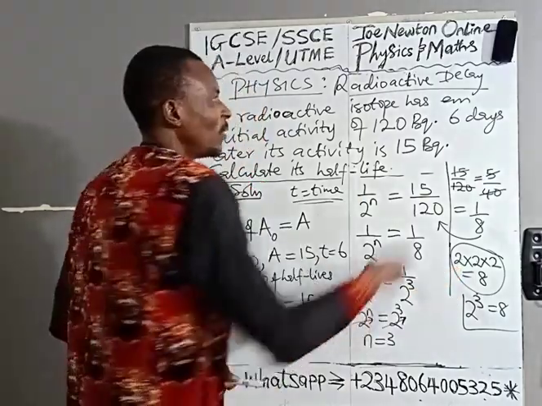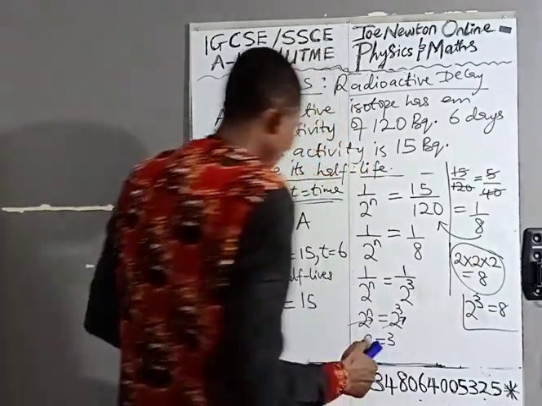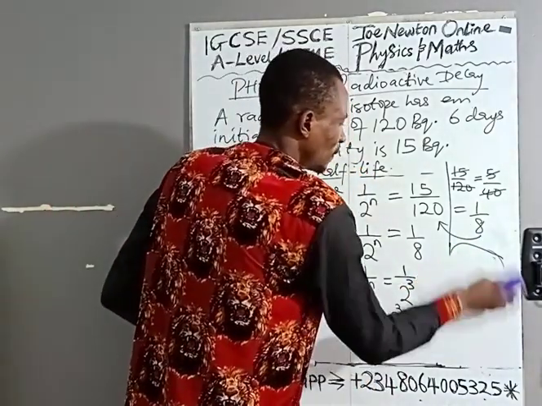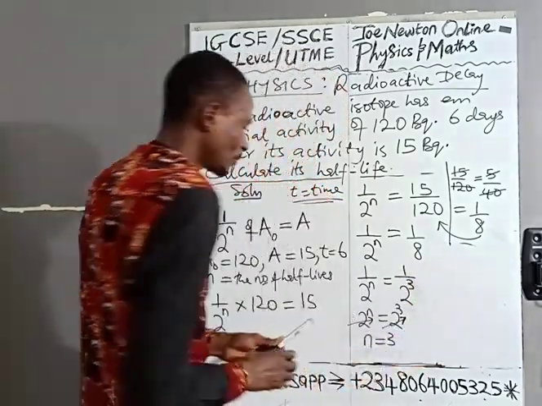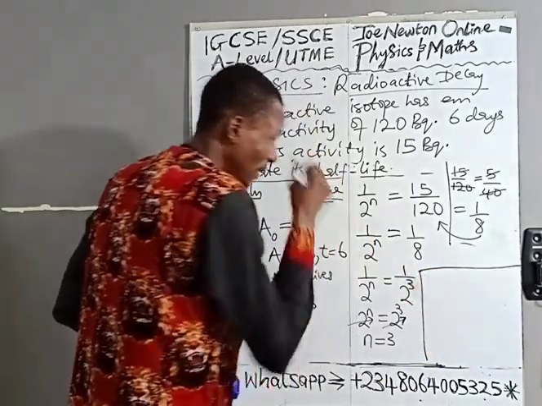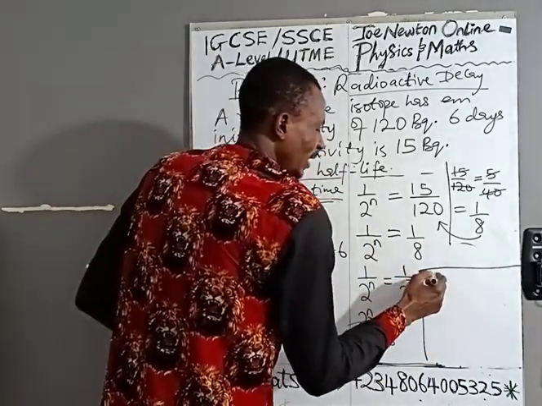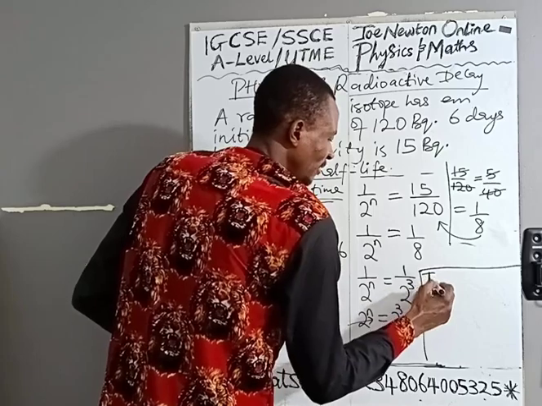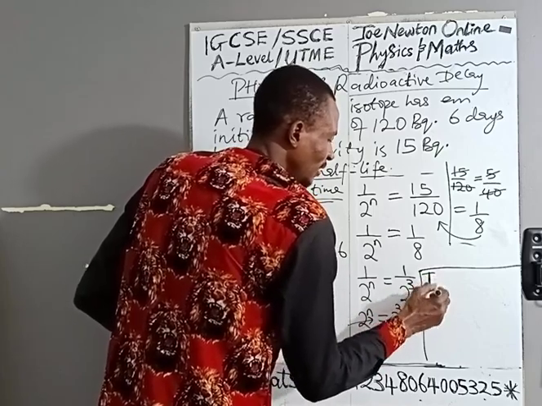So now we do what? We find the half-life. Let me use it here now. So that becomes that here. Therefore, from the question, the half-life, we normally use T half for half-life.